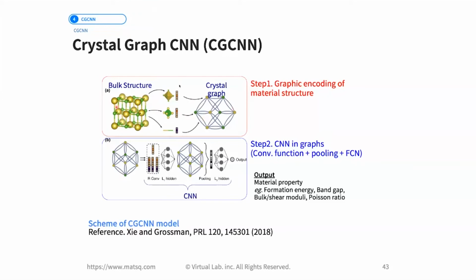This is also an important part. And the second part is where the basic properties are output in the CNN layer. So this consists of a graph encoding and a CNN.